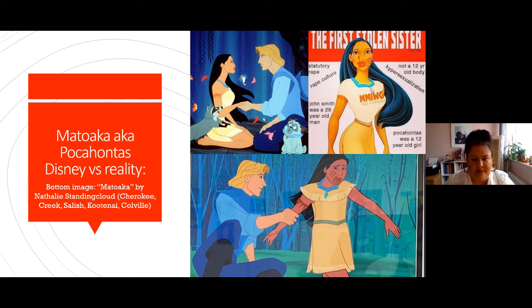The bottom image, by Natalie Standing Cloud, has painted an image to counteract that narrative, to show the reality of what really happened with Pocahontas and John Smith.